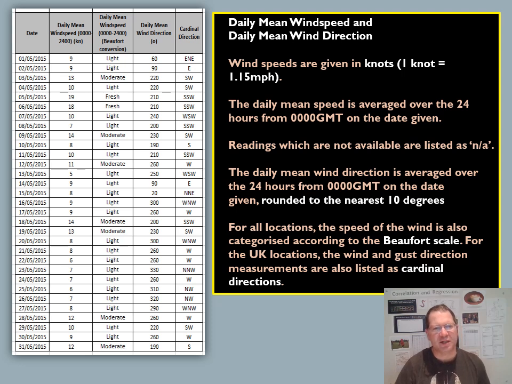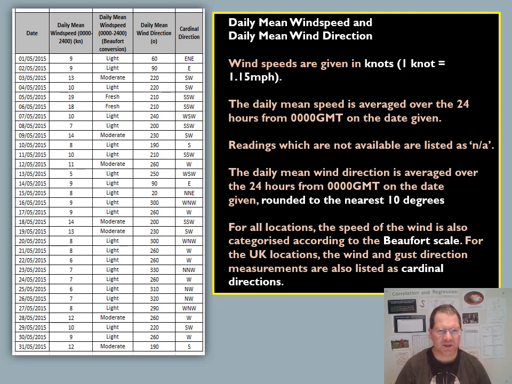The daily mean wind speed using the Beaufort conversion, again between midnight and midnight, goes from 0 to 12 on the Beaufort scale. It's a scale of wind speed: 0 basically means there's hardly any wind, and 12 means it's very fast wind. But rather than use the actual numbers from 0 to 12, they have taken the wind speed and converted it into a word.